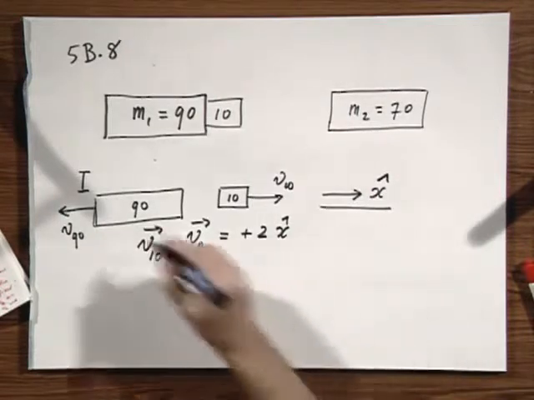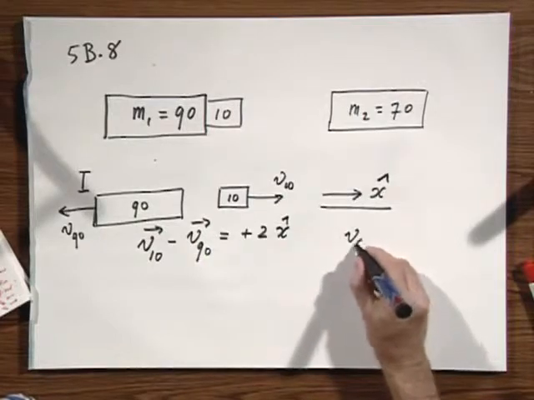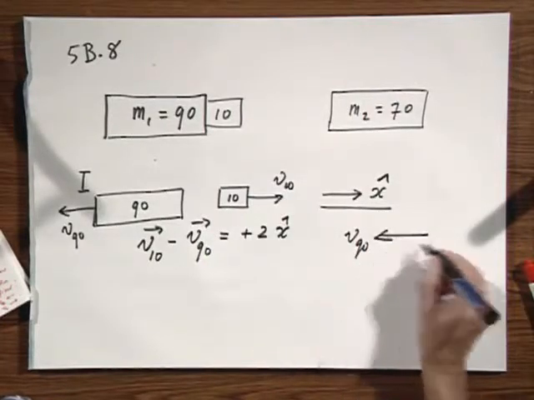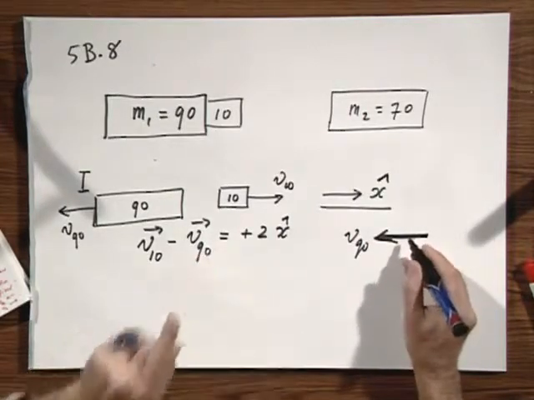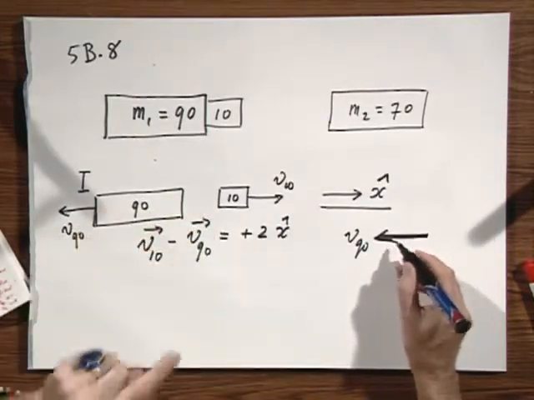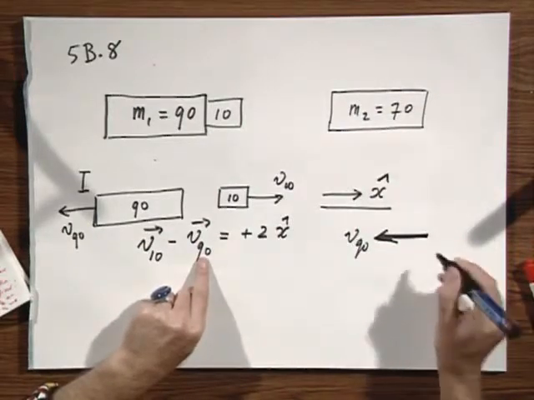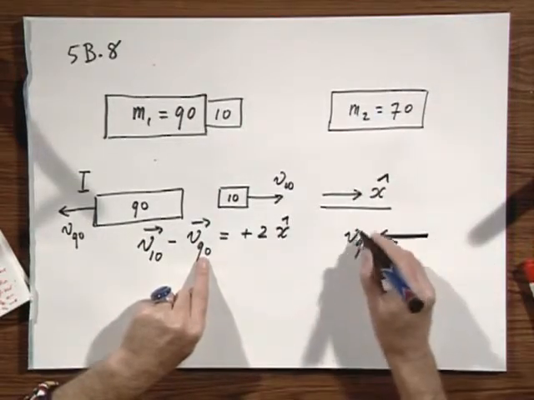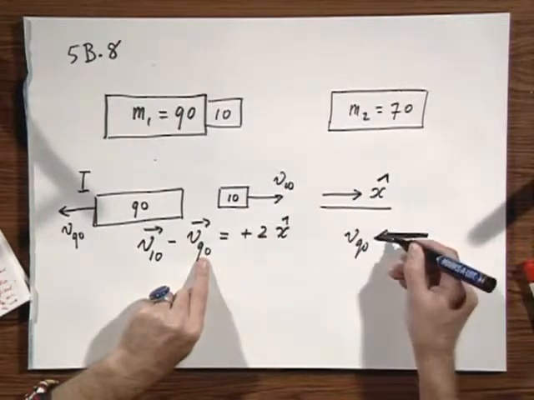Now I'm going to do something that you may not like. I know that the velocity of V90 is in this direction. That's a given. That will not change. Therefore, I'm going to leave the bar off and already substitute in here a minus sign. So that the number that I will find later is the speed for V90, but the direction is non-negotiable, must be in this direction.